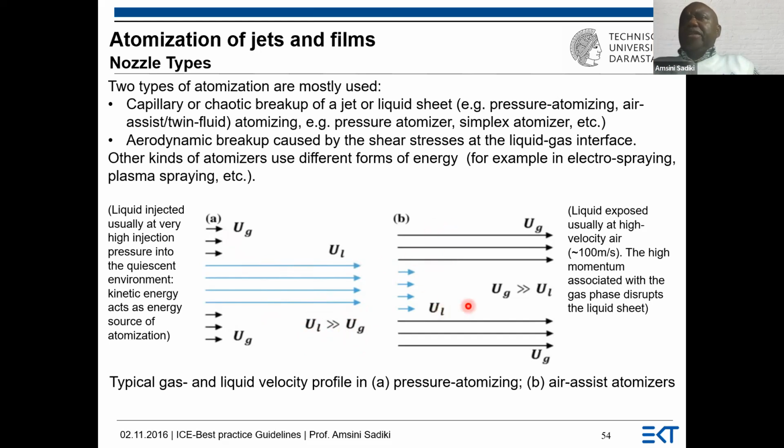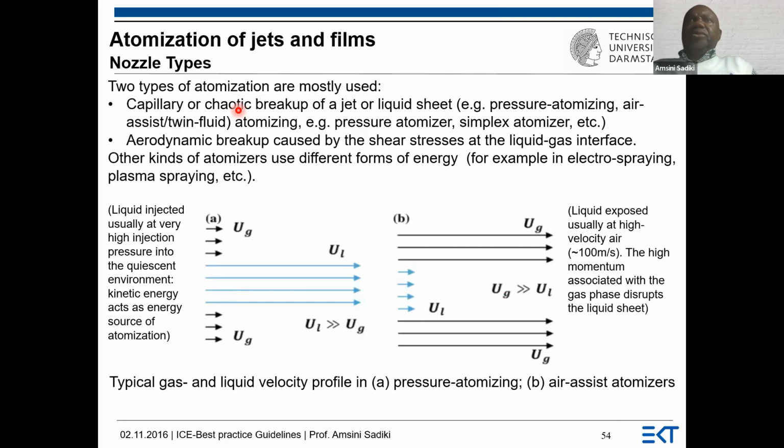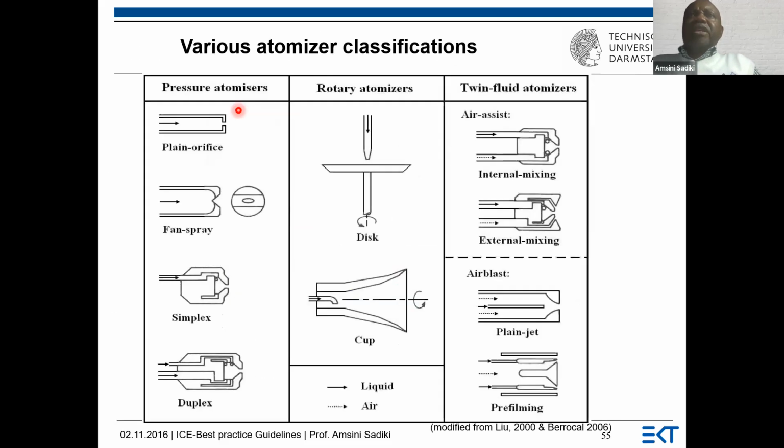And the other one, air-assisted atomizer, we see that it is air-assisted. This means that the liquid is exposed at high velocity of air, and the high momentum associated with the gas phase disrupts the liquid sheet. And we can put them together. We have the pressure atomizer, and we have also the twin fluid atomizer.